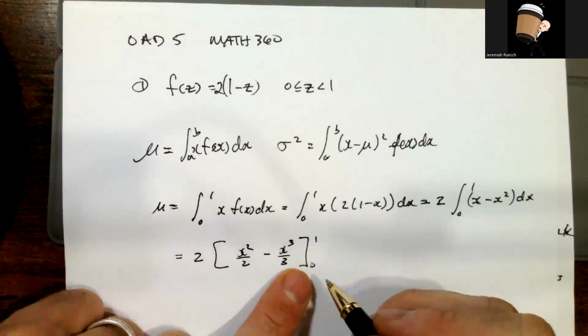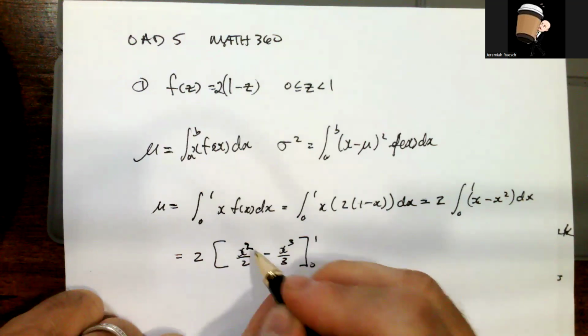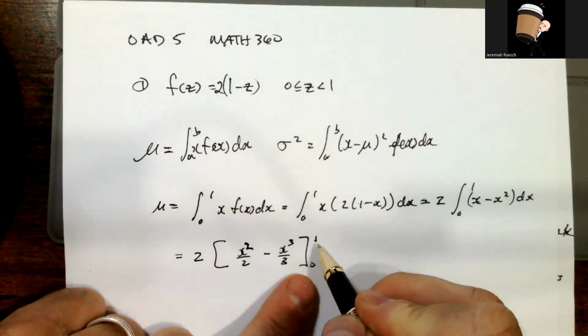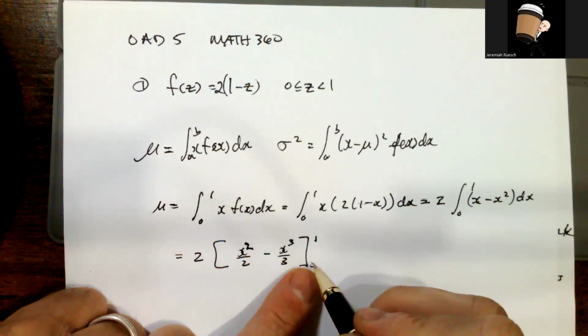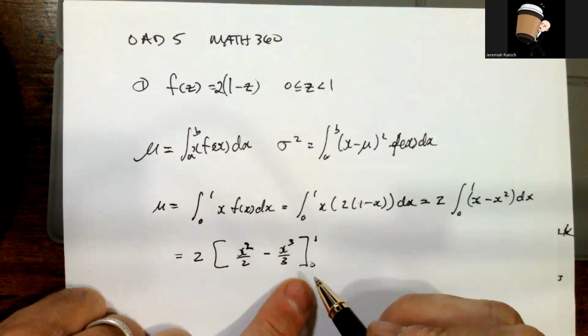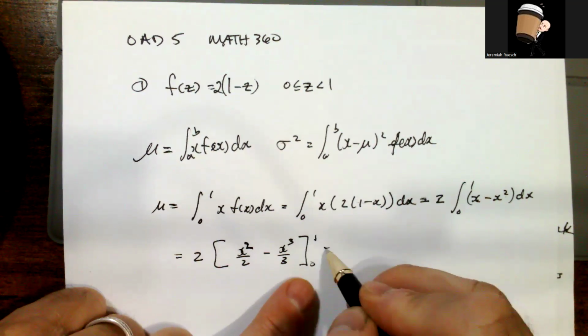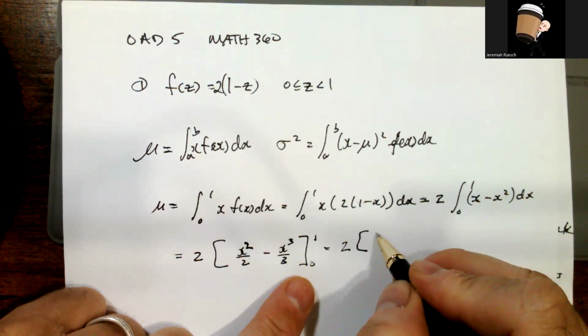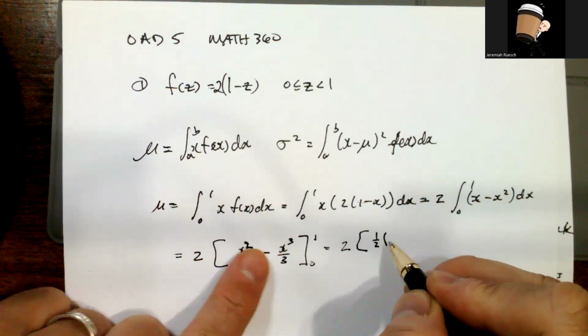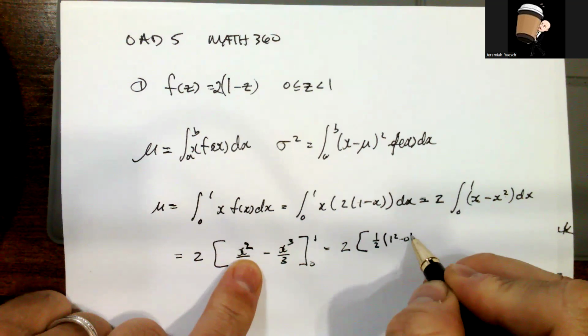Now, it should be obvious, but if not, let me point it out. The upper limit here is the only one that's going to give us any value, as both of these have an x term, and I'm plugging in 0. The lower limit of both of these terms is 0, okay? I'll still plug it in just to show you. Factoring out the 1/2, I have 1 squared minus 0 squared.